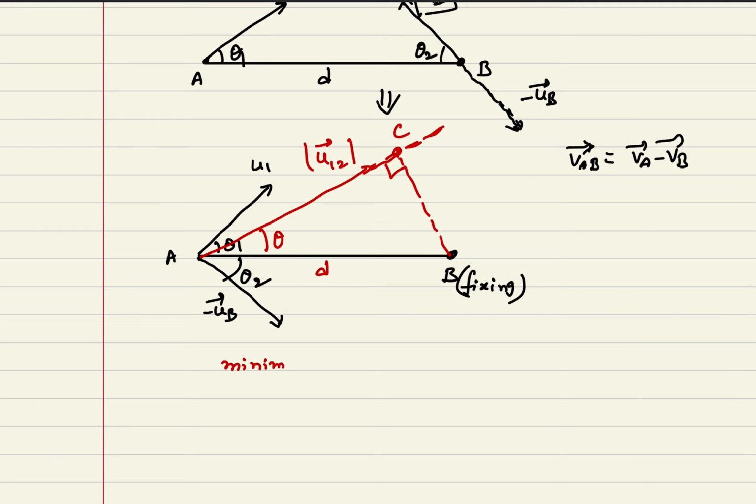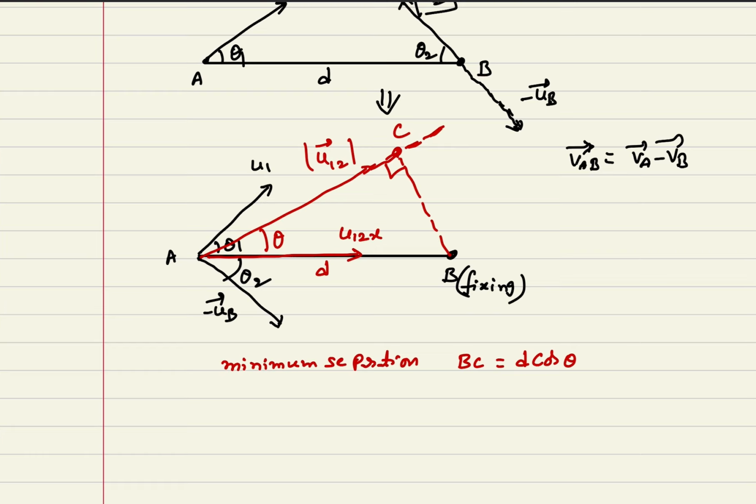Now the minimum separation BC is equal to d cos theta. What is the theta value? From this you can write it as u12.